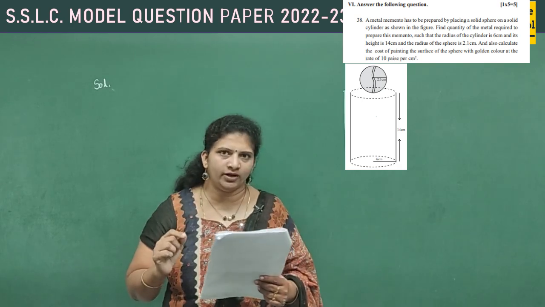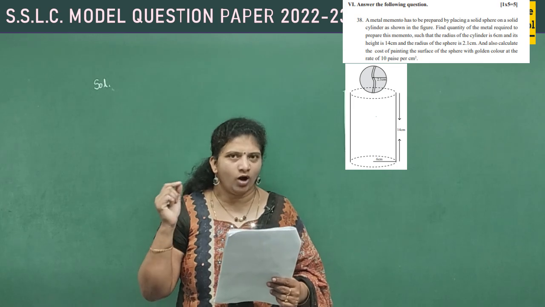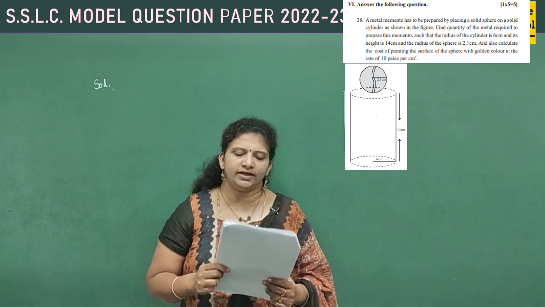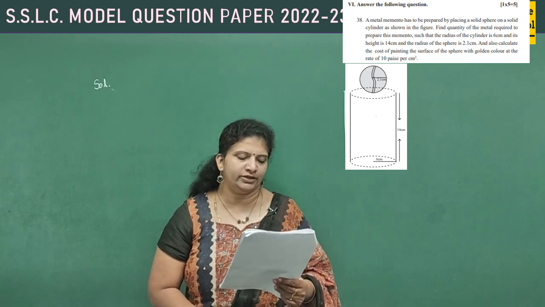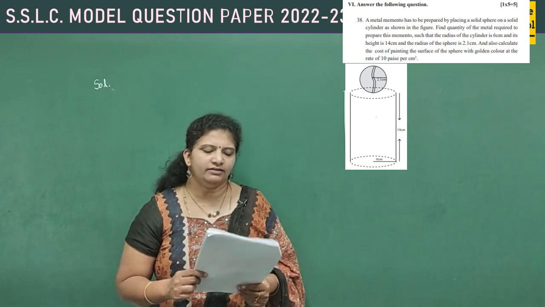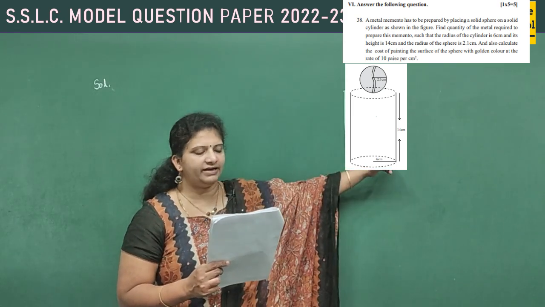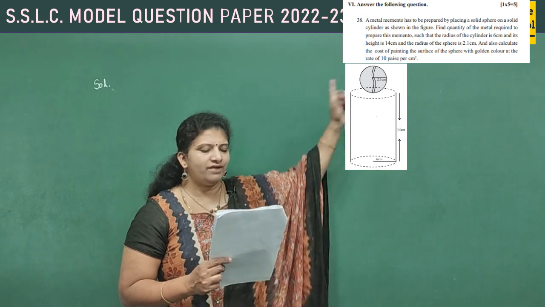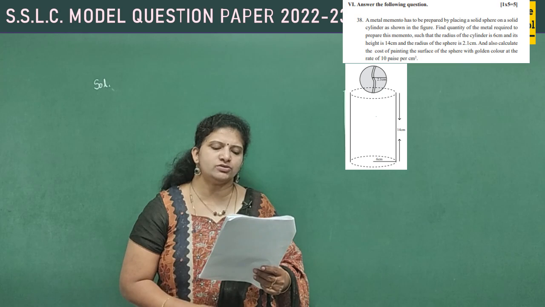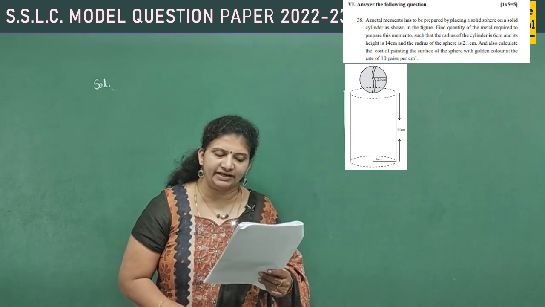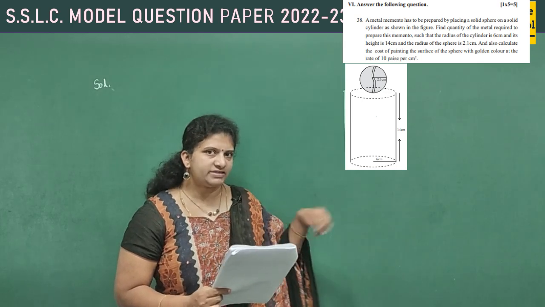Immediately underline a point. Find quantity. Quantity means volume. Find the quantity of the metal required to prepare this memento such that the radius of the cylinder is 6 cm and its height is 14 cm and the radius of the sphere is 2.1 cm. And also calculate the cost of painting the surface of the sphere. Next question.